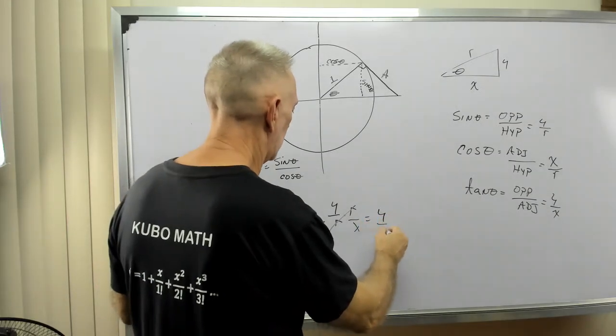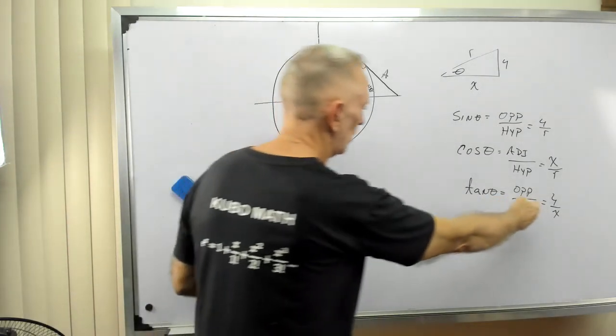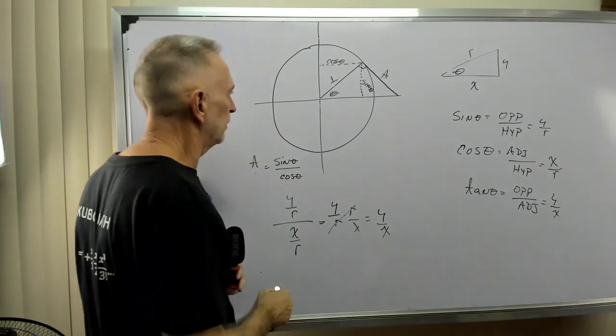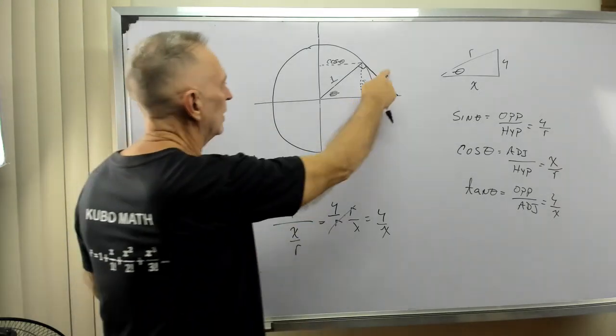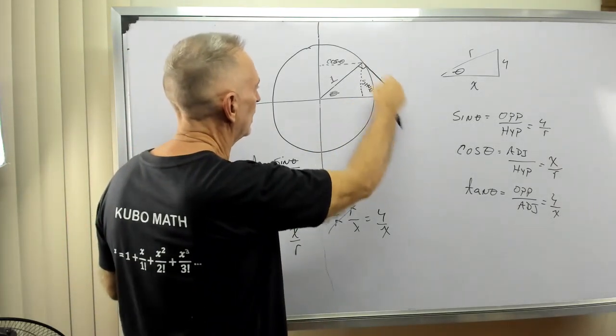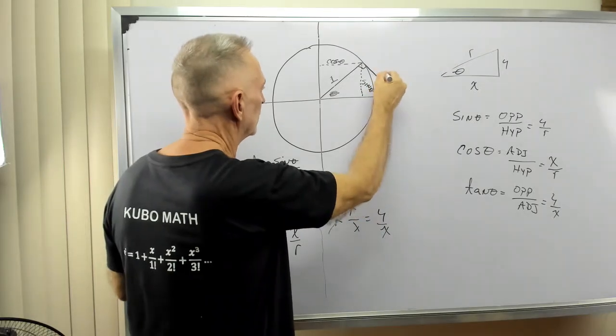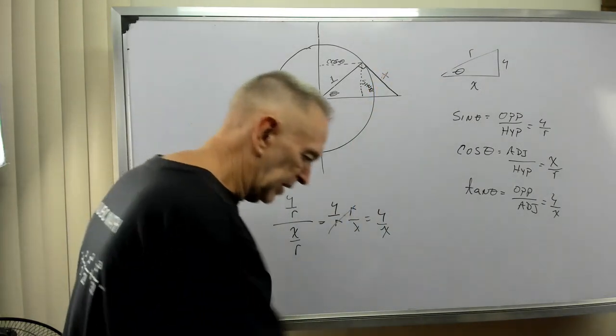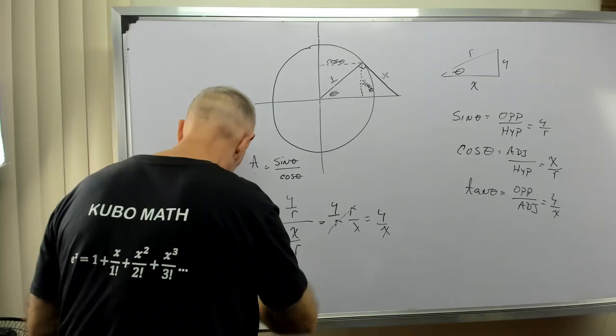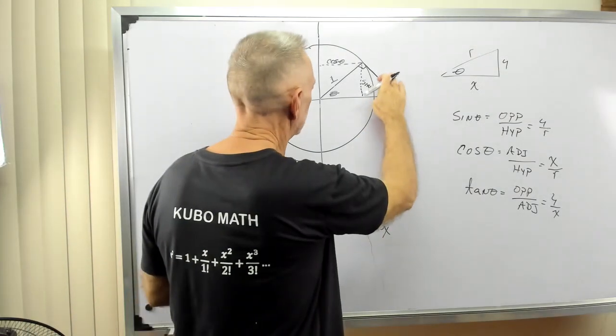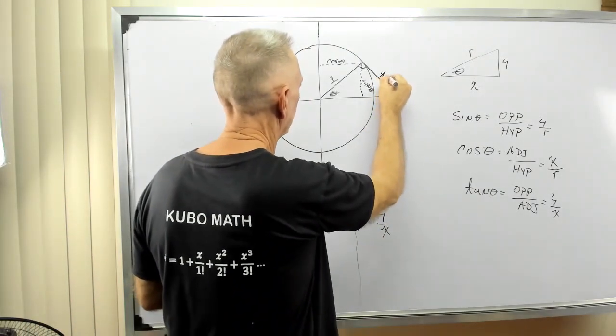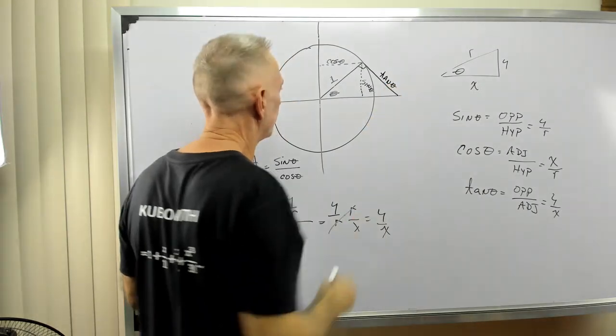So I end up with y over x. And what is y over x? Tangent theta. So A, that length of that line here, that's tangent theta. And I'm running out of ink here. Okay.